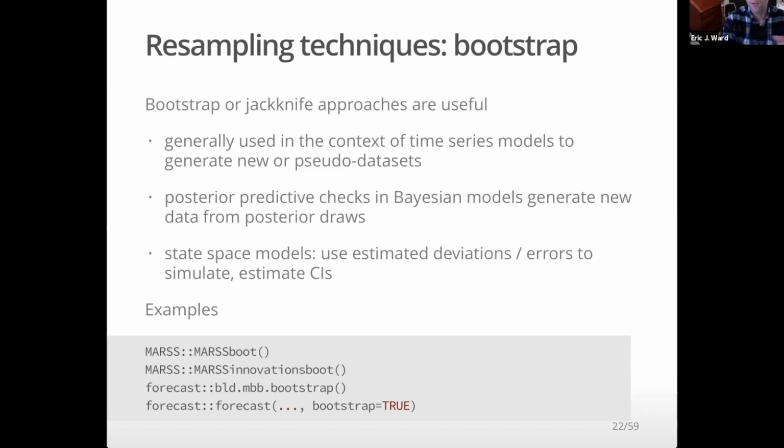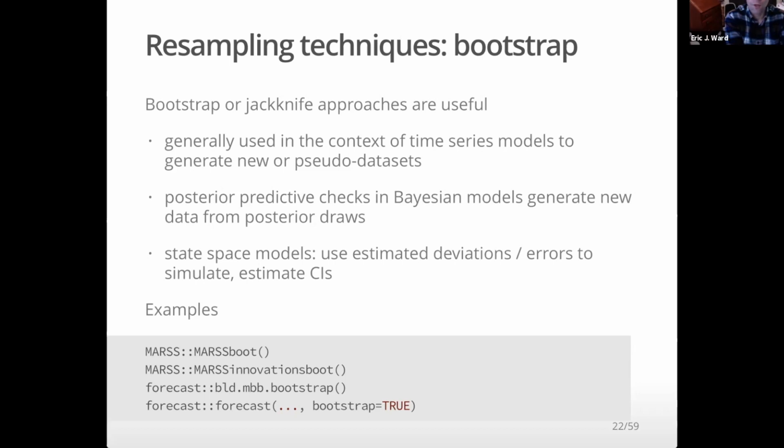With bootstrapping, we could fit a model in MARSS, and then simulate new data sets, fit models to those data sets to generate new parameters, and repeat a large number of times. These bootstrapping procedures are really popular in state-space models where we want to use our estimated deviations from the model, or errors, to simulate.